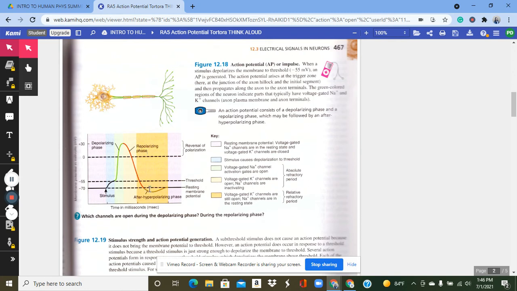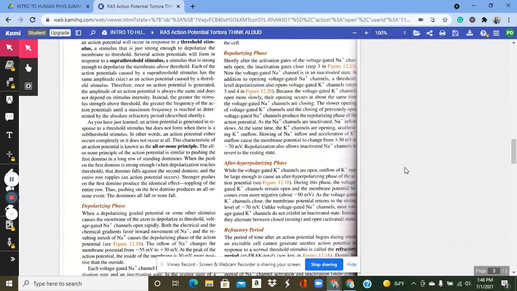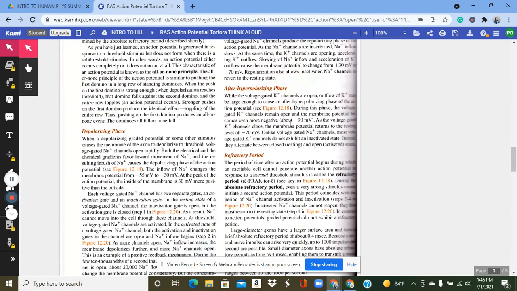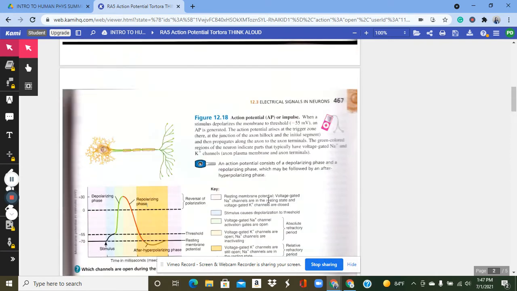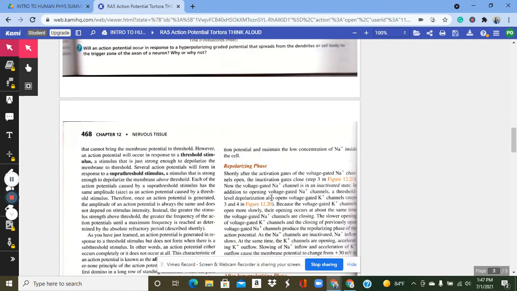It's probably referring to this phase where the voltage-gated potassium channels are still open, but the sodium channels are in the resting phase. So as mentioned here, unlike voltage-gated sodium channels, most of the potassium channels do not exhibit an inactivated state, because the sodium channels are in the resting state.